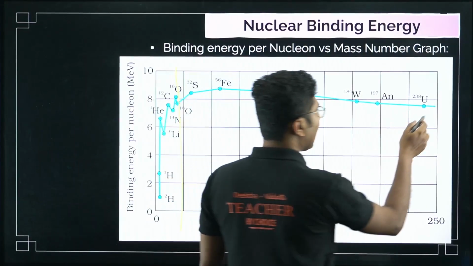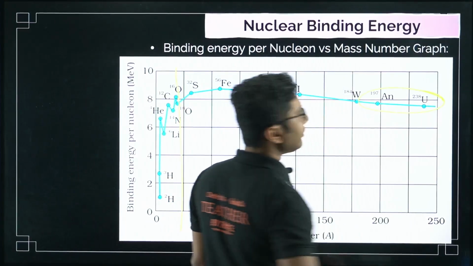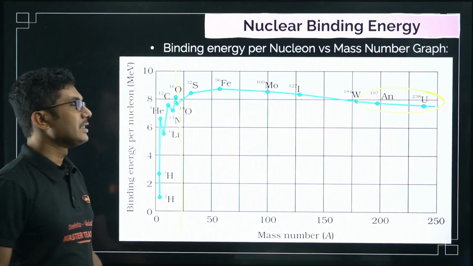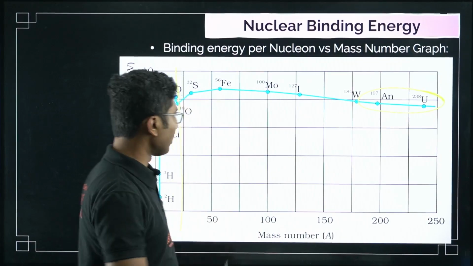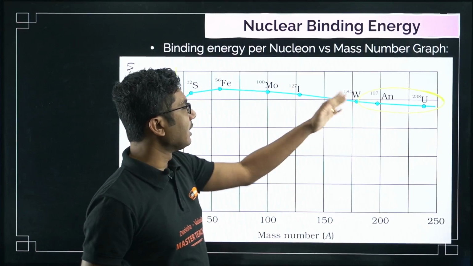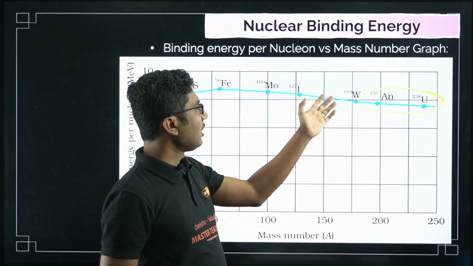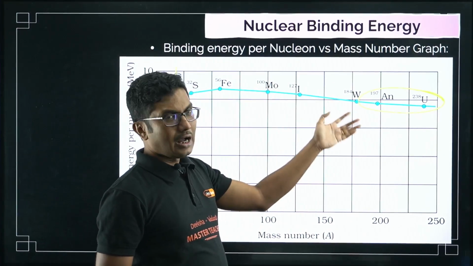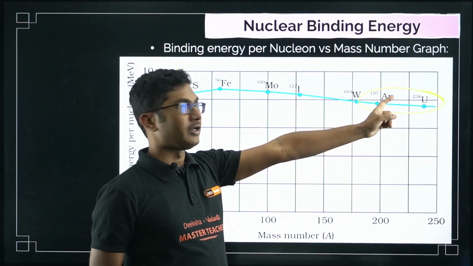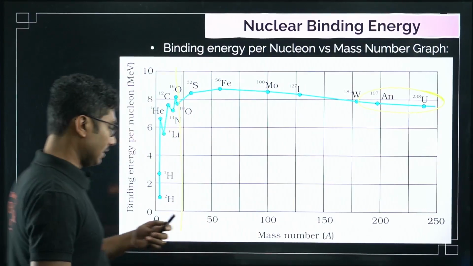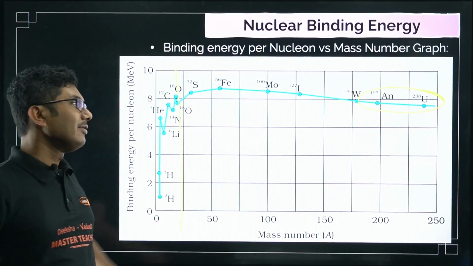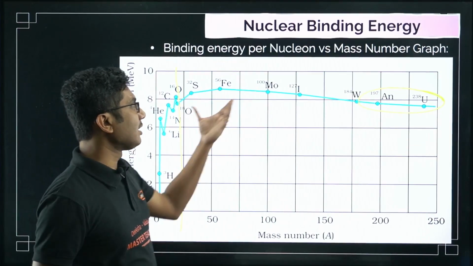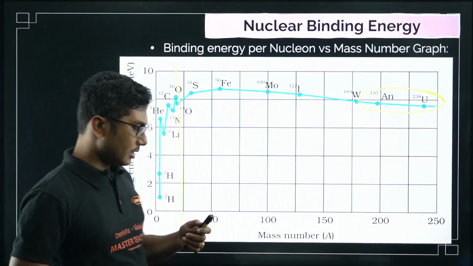Similarly, heavier nuclei also have a binding energy lower than the middle of the table. Whichever elements you see from the middle of the table have higher binding energy per nucleon compared to these heavier nuclei. So heavier and lighter nuclei both have less binding energy per nucleon compared to the middle section.